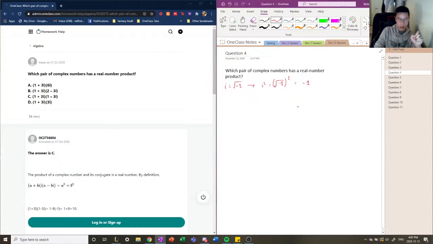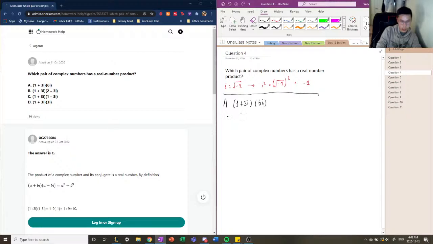So this question is asking us to multiply each of these terms together and see which one only has a real number component. We're going to do that for each of them. First of all, let's do it for A. For A, we have 1 plus 3i times 6i.